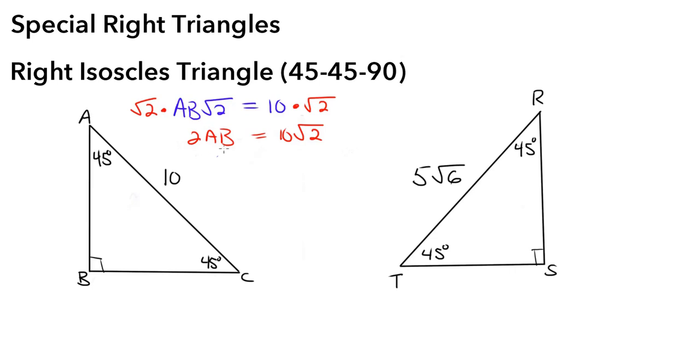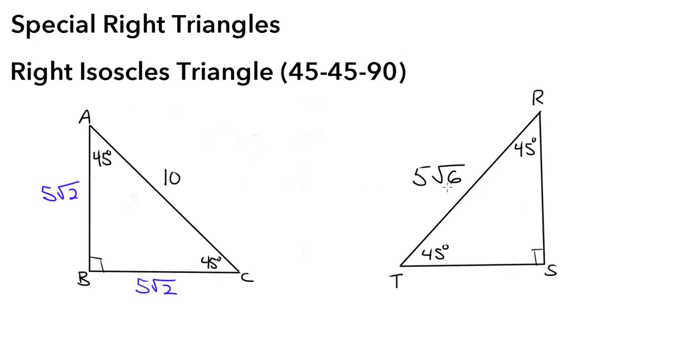And then to solve this equation for AB, all I have to do is divide by 2. And so AB equals 10 radical 2 divided by 2 is 5 radical 2. And so that is the measure of the legs of this triangle: 5 radical 2.